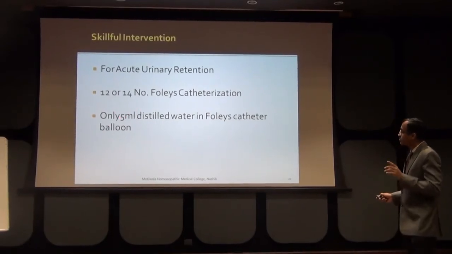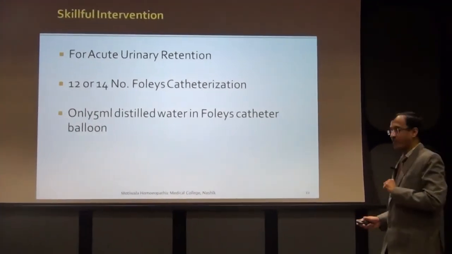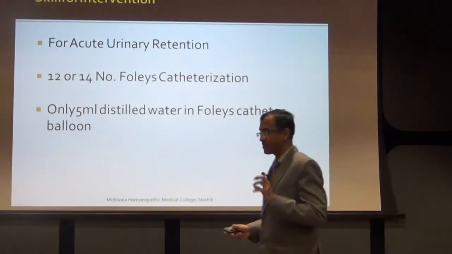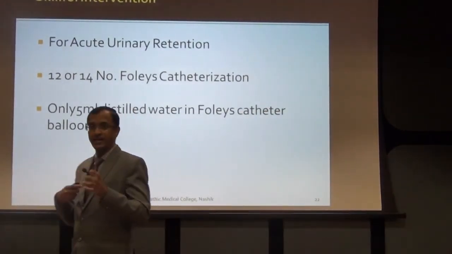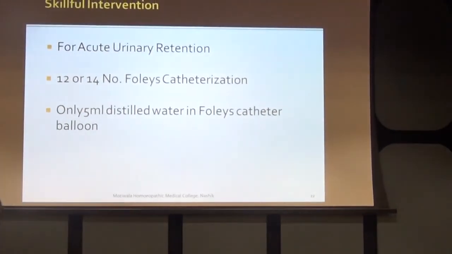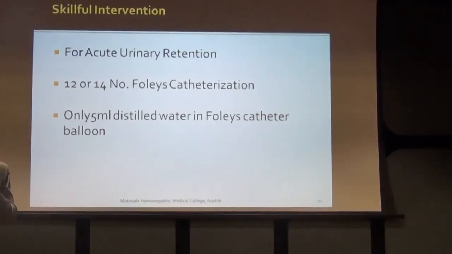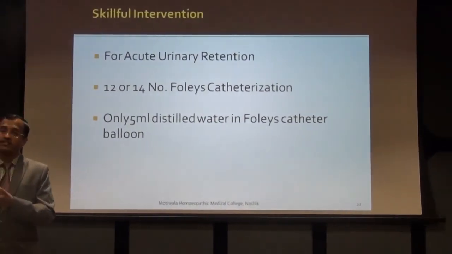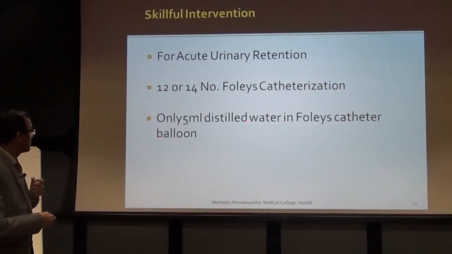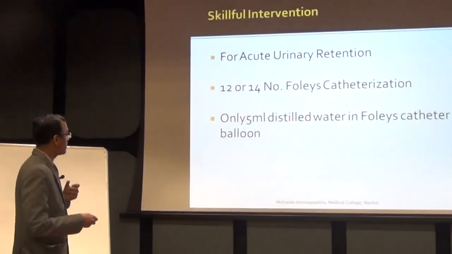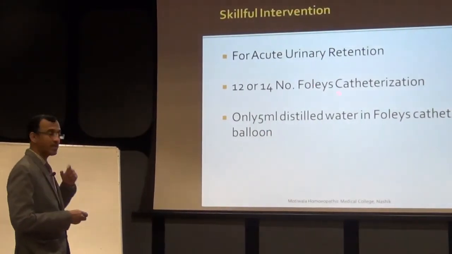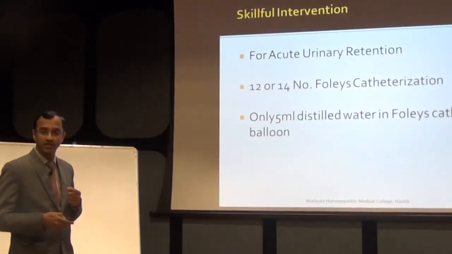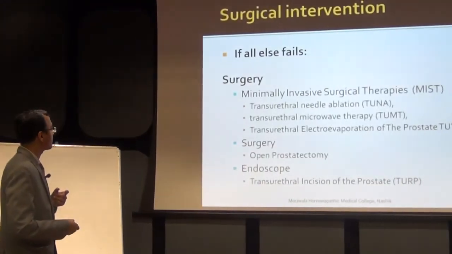One key thing is that you have to instill only 5 ml of distilled water in the Foley's catheter balloon. Usually we instill 10 to 15 ml of water so that it has a self-retaining process. But here, in acute urinary retention with prostatic hypertrophy, we have to instill only 5 ml of distilled water.